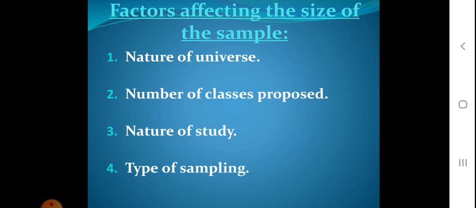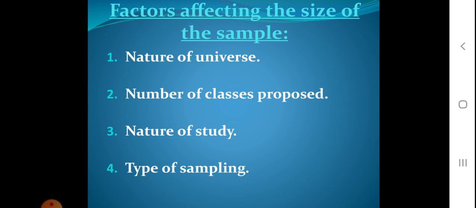The first factor is nature of universe. The universe may be either homogeneous or heterogeneous in nature. If the items of the universe are homogeneous, a small sample can serve the purpose. But if the items are heterogeneous in nature, a large sample would be required.